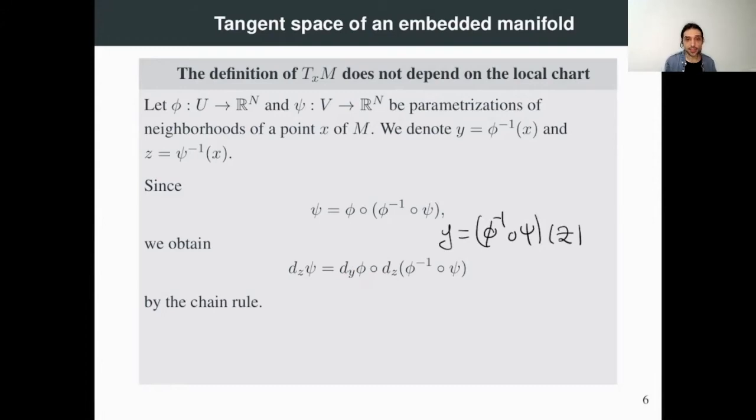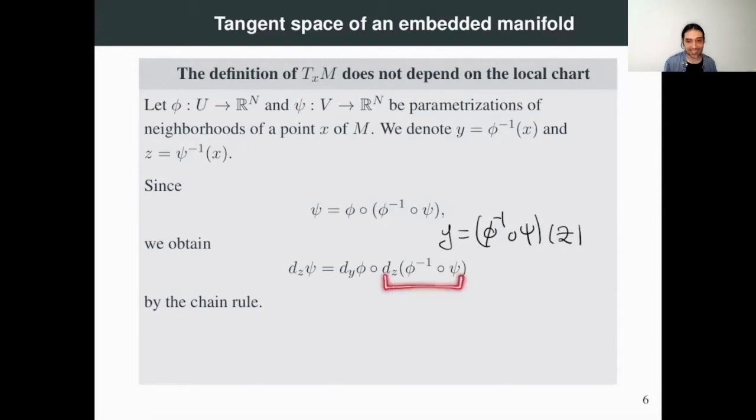So we have this by the chain rule, but we have more. We know that this is the differential of the change of parameter map, and that change of parameter map is always a C^r diffeomorphism.